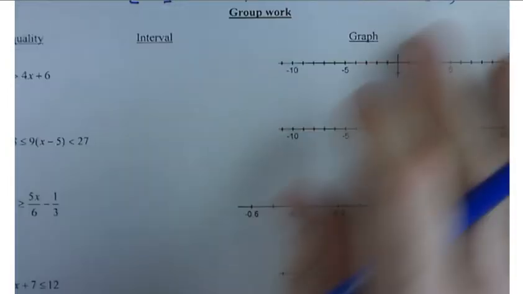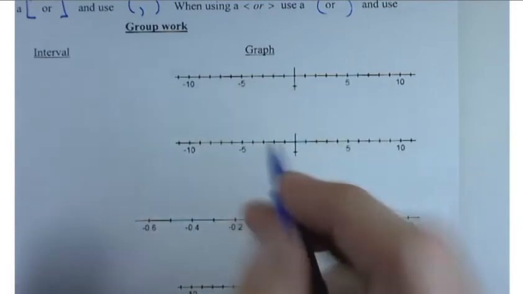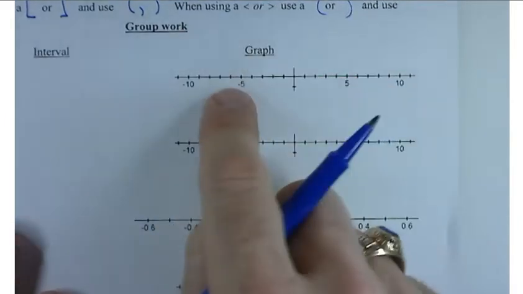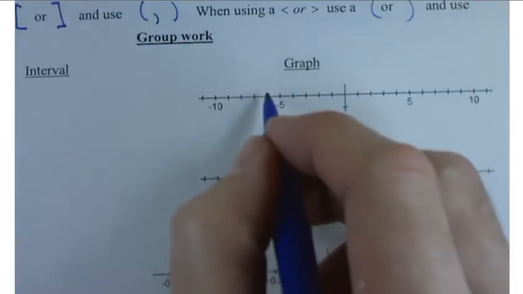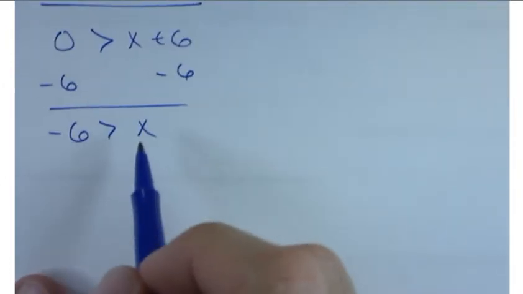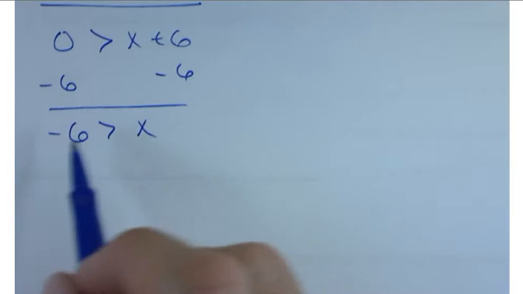Let's see if we can't graph it and look at its solution. So I've got room on your handout for you. So here's negative 6. Am I going to put a hollow dot or a solid dot on negative 6? Hollow. Now let's look at things from the perspective of the x. How does x compare to negative 6?